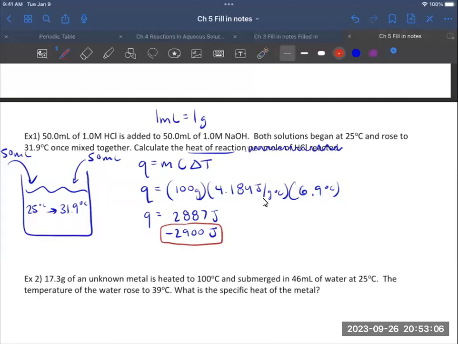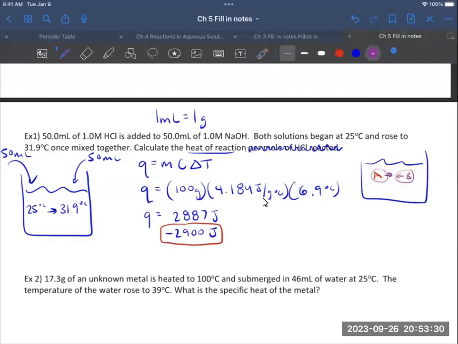Okay, if this doesn't make a whole lot of sense to you, I want you guys to think about it zoomed in. Okay, here's our water. Here's our first reactant, so let's call it A. And our other reactant is the base, so let's make that B. Okay, so we have things dissolved in the water, which are our acid and our base. When our acid and our base meet each other, they react.